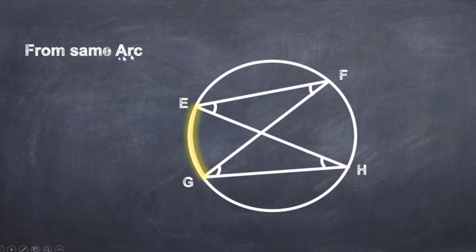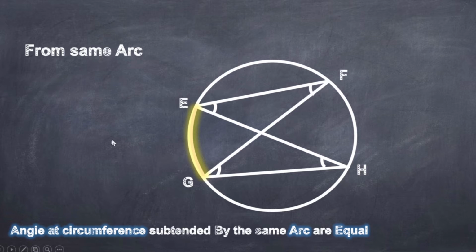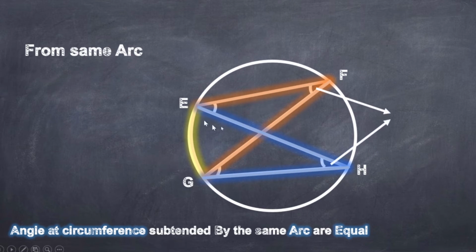So we can say that angle at circumference subtended by the same arc are equal, which means that the angle EFG and EHG are the same angle.